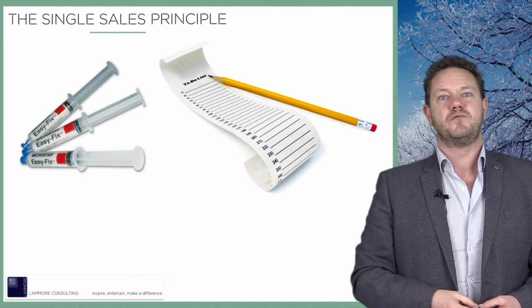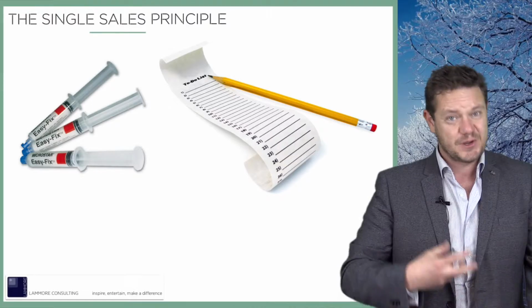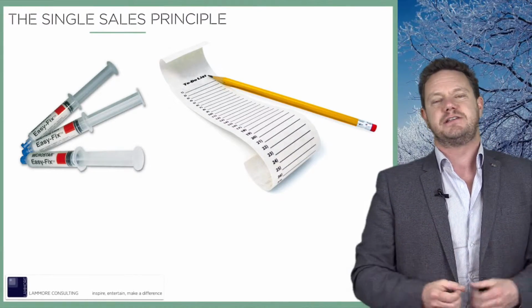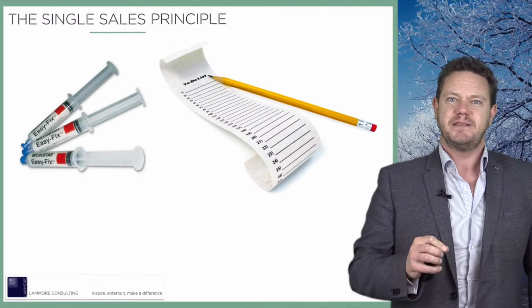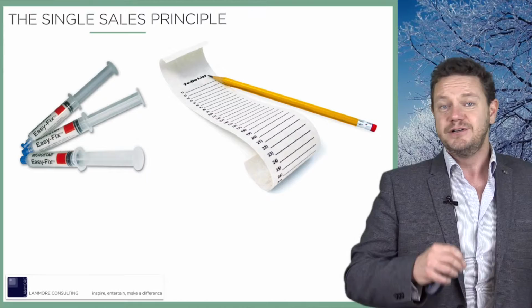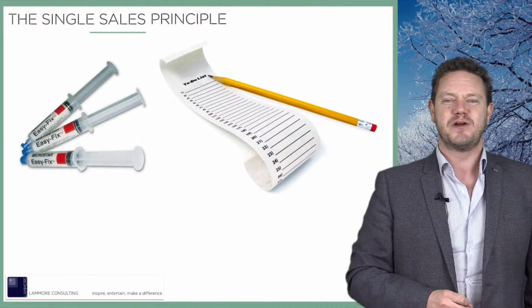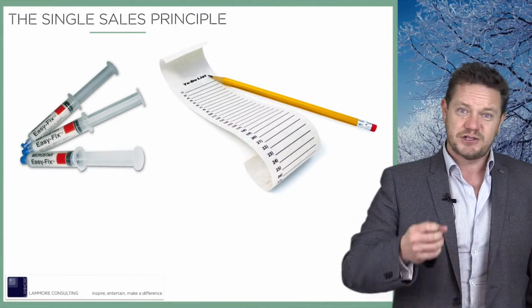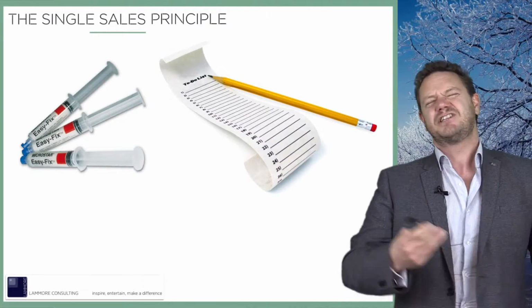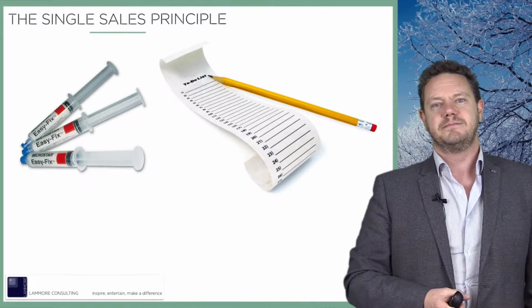So I got him to play the role of the customer. And we kept going and kept going. And I was creating this huge long list of objections that this customer had. And despite the fact he had deliberately set up this role play to be difficult and prove that the ERRICA process didn't work, by the time we got to objection number 15 or objection number 20, he said, "I suppose you think I'm being ridiculous, don't you?"